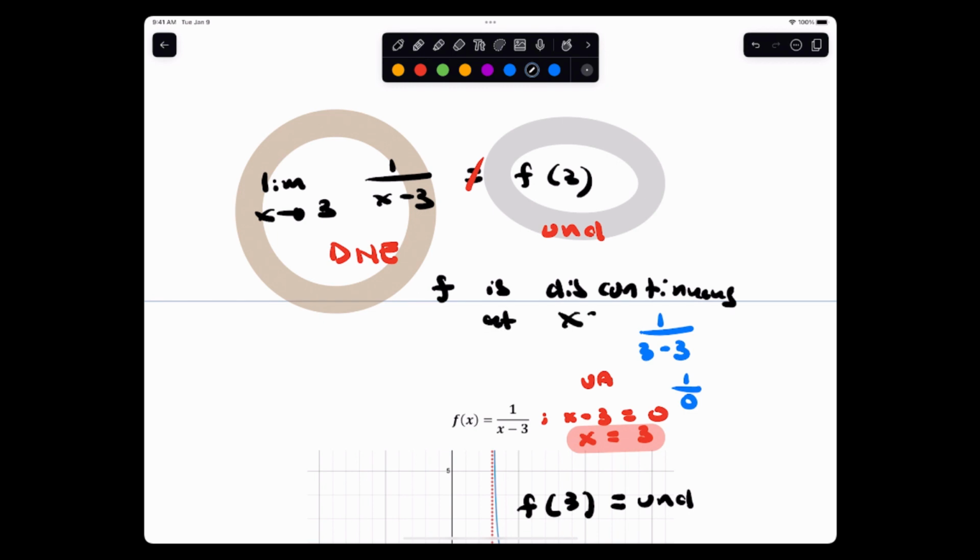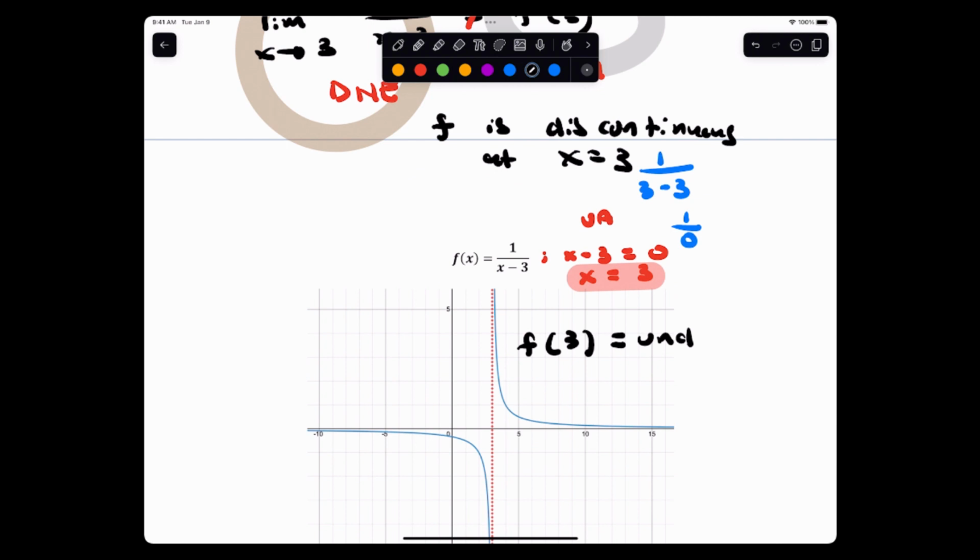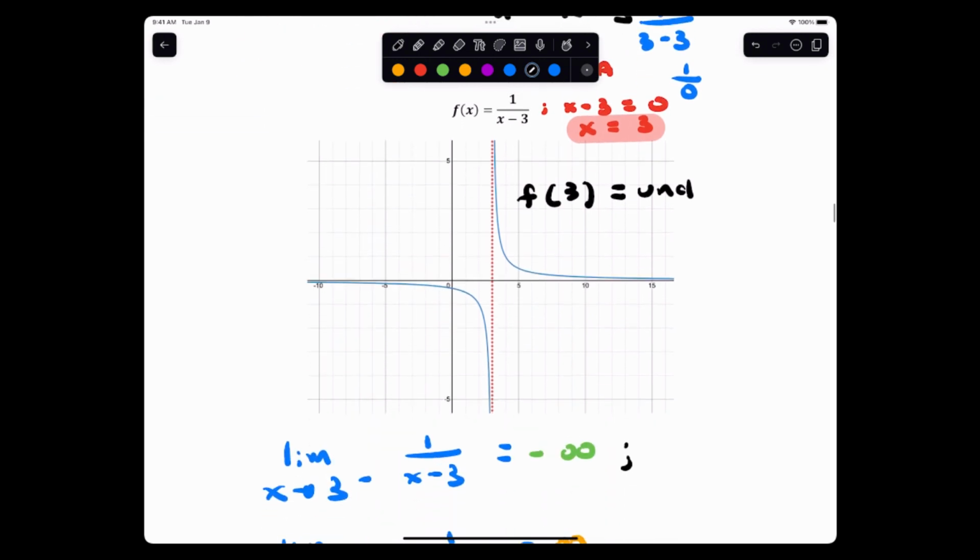So I'm just pointing out to you what your book and the homework are always going to want. They're going to check to see, do you understand these ideas? And if I said to you, you sketch this curve, didn't you pick up your pencil at 3 to continue? The answer is yes. So it's discontinuous at 3.